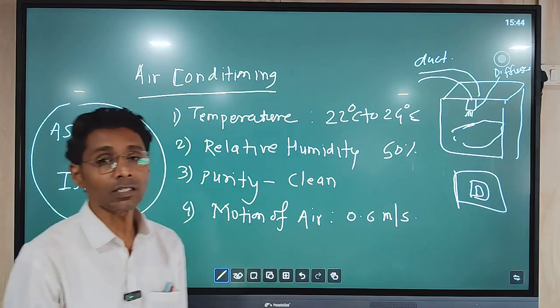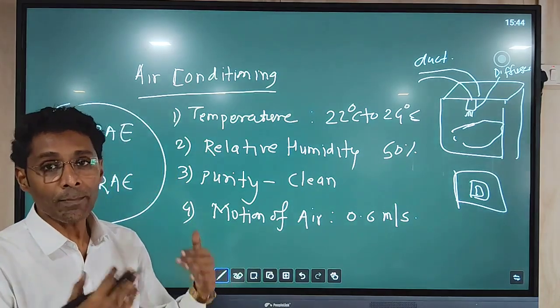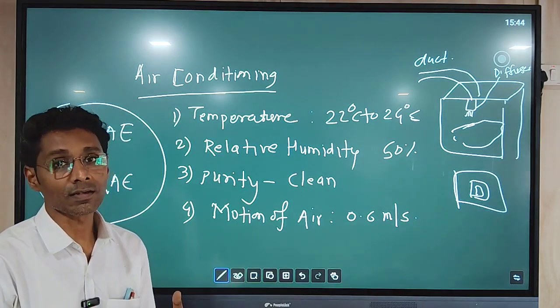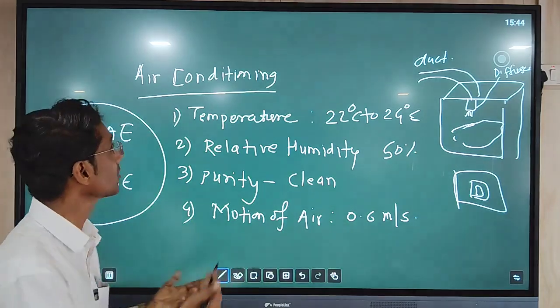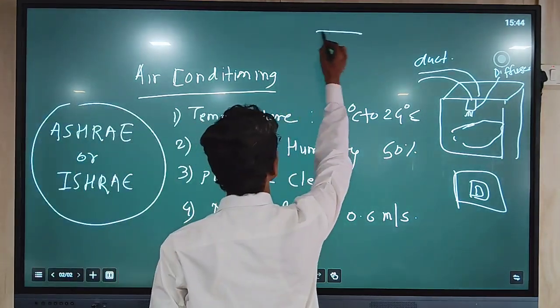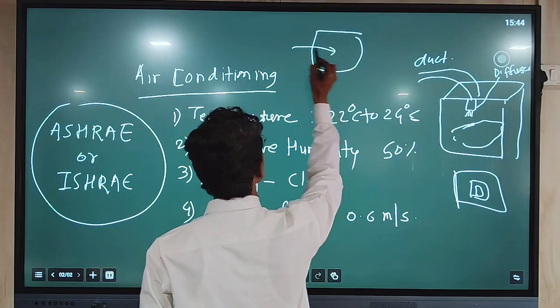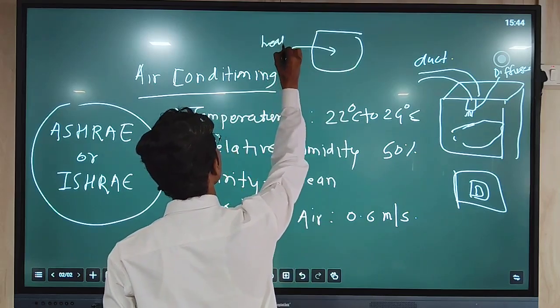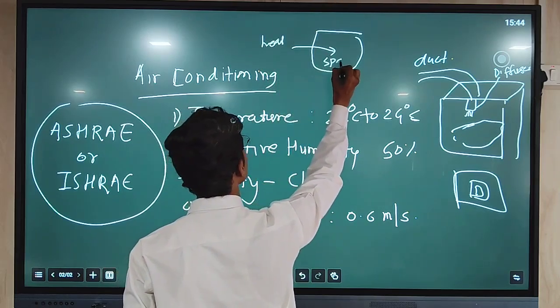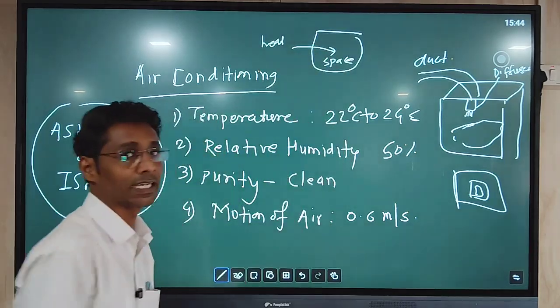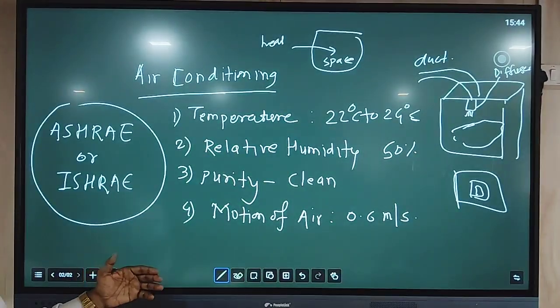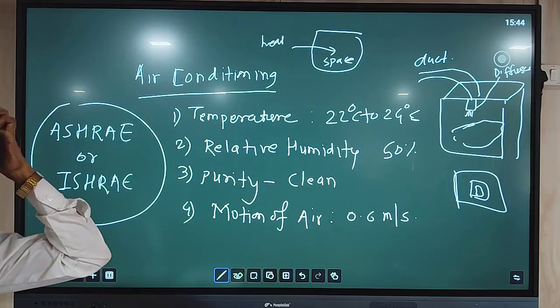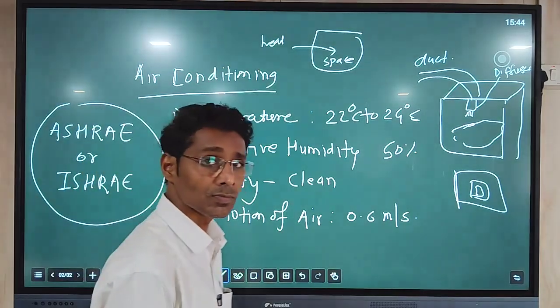So in European countries mostly the temperature is below 0 degrees Celsius or low temperature. In that case we need to heat the room. In that case heat is to be added to the space. We call it space heating. So for that purpose the process carried out is the heating process.